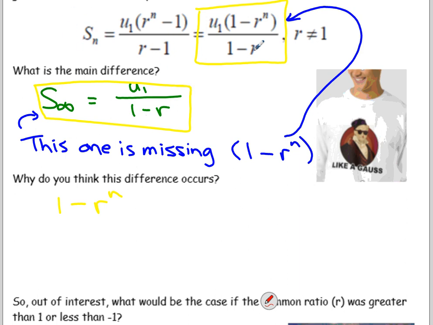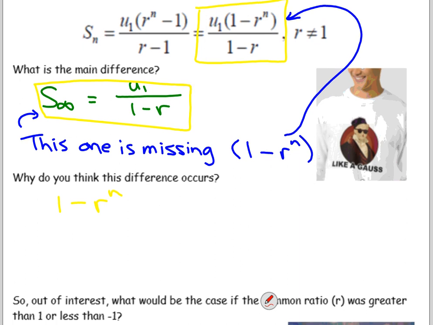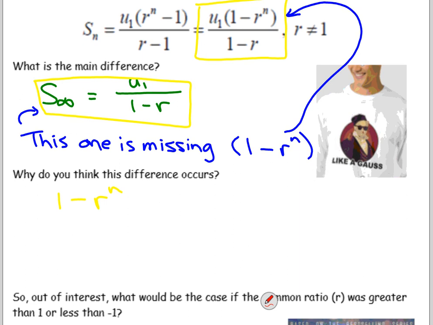Because in these kinds of infinite series, the r is a number less than 1, like 0.5. So the denominator stays positive, and the answer makes more sense. You'll get a positive. According to these ones, the r has to be a number between -1 and 1.